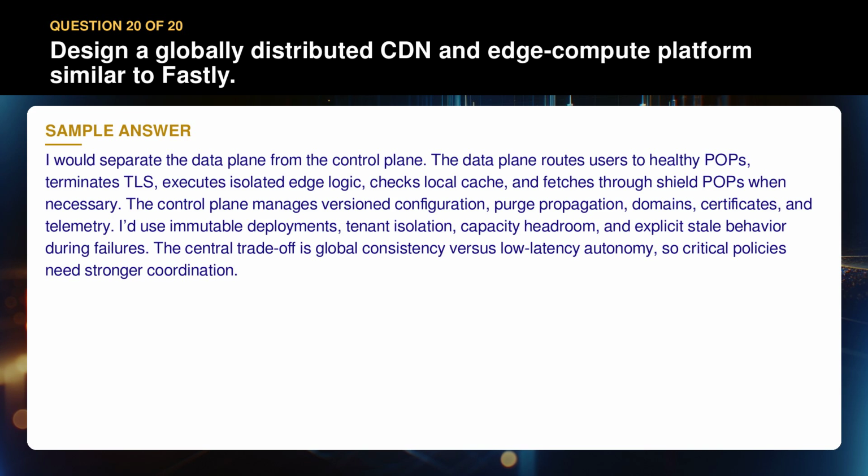The control plane manages versioned configuration, purge propagation, domains, certificates, and telemetry. I'd use immutable deployments, tenant isolation, capacity headroom, and explicit stale behavior during failures. The central trade-off is global consistency versus low-latency autonomy, so critical policies need stronger coordination.